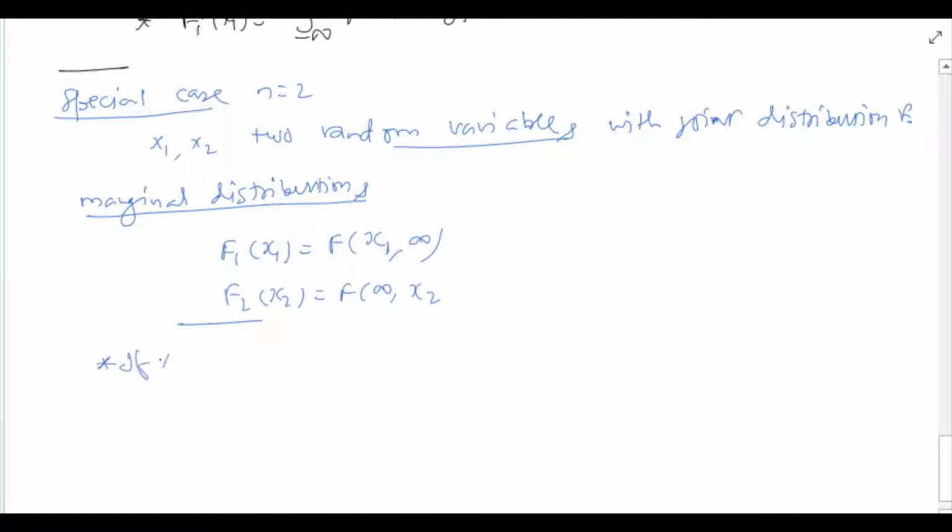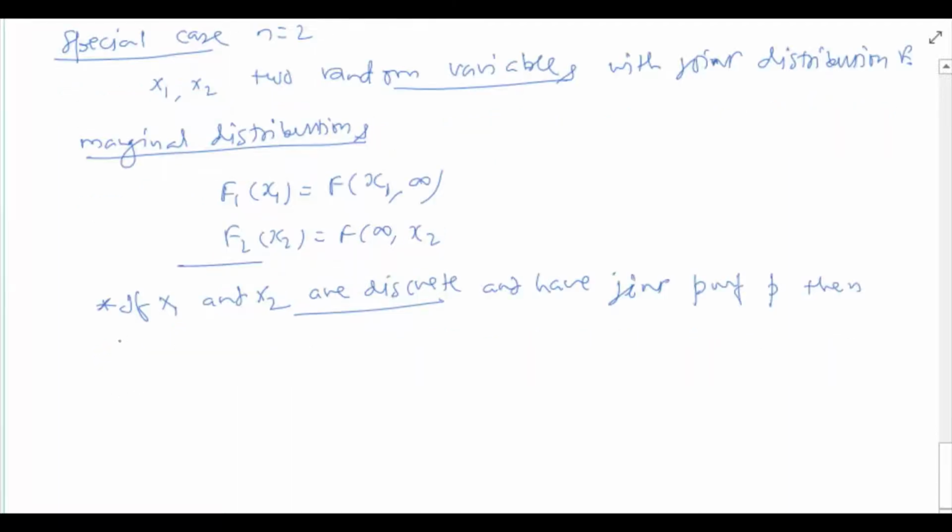If x1 and x2 are discrete and have joint probability mass function, joint PMF P, then we can obtain the marginal PMFs P1 and P2 as follows.